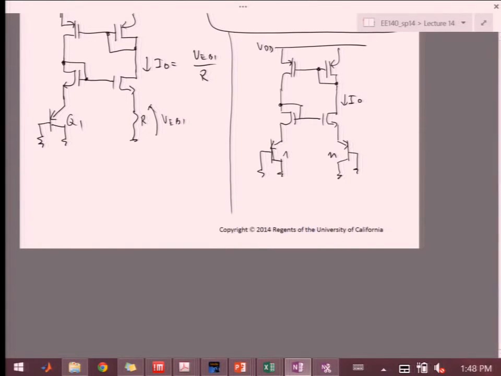So over here on the left, we had the VEB reference circuit, right? So I'm just producing the current that's proportional to the base emitter voltage. In this one over here, what am I doing? Why do I have two transistors that are PNP?